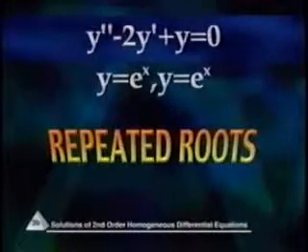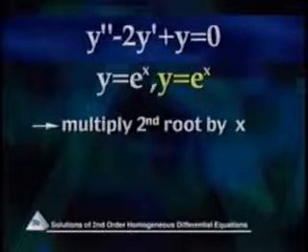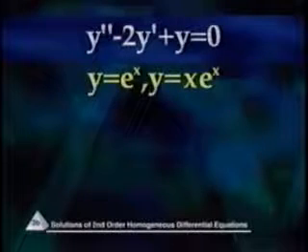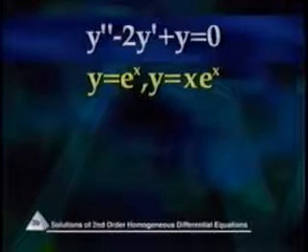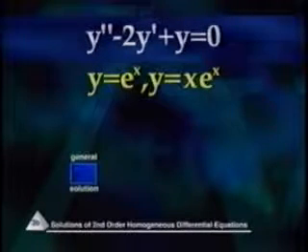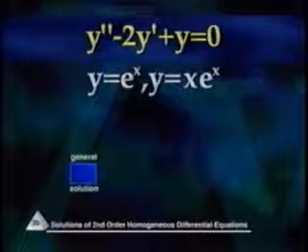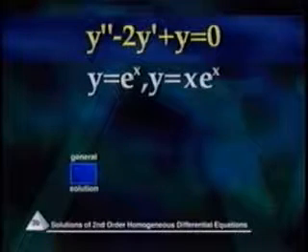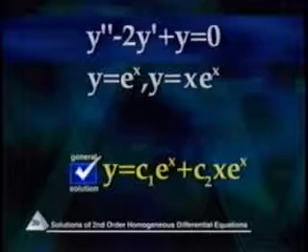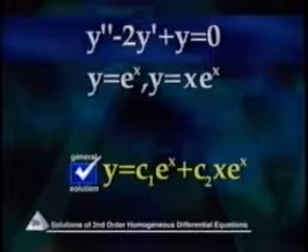Since we have repeated roots, we multiply the second root by x to obtain the second solution. So our linearly independent solutions are y equals e to the x and y equals x times e to the x. So the complete general solution for the differential equation y double prime minus 2y prime plus y equals 0 is y equals c1 times e to the x plus c2 times x times e to the x.